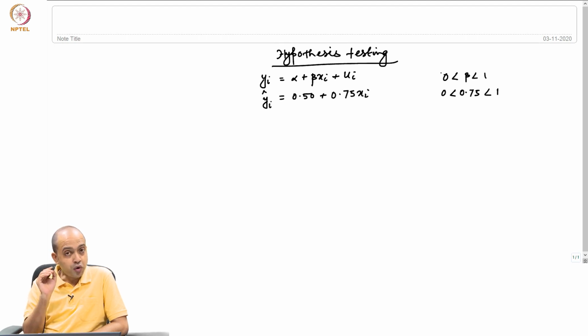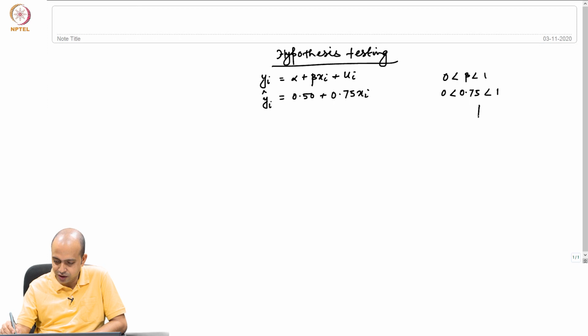Now, why is hypothesis testing required? We want to ensure that this value of beta hat, 0.75, we are getting not by a chance factor. We would like to ensure there is a statistical mechanism so that even if you collect 100 samples from the same population, in more than 90% of the cases you will get a beta hat value like this.